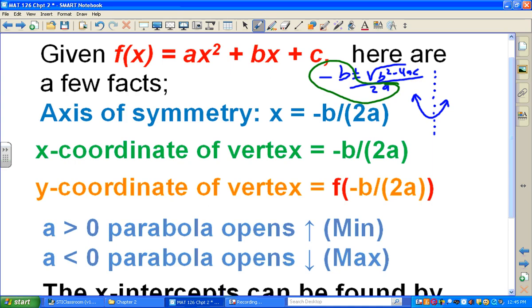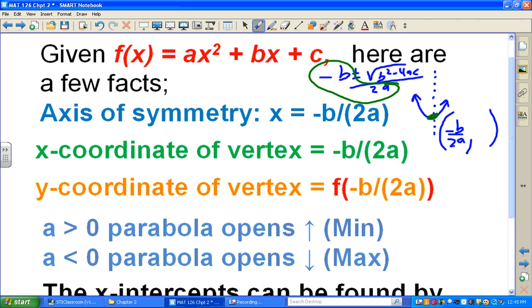Next, the x-coordinate of the vertex. Again, the opposite of b over 2a. Well, there's no mistake about that. Opposite of b over 2a. In calculus, we do something even quicker than that. That's a lot of fun. The y-coordinate.